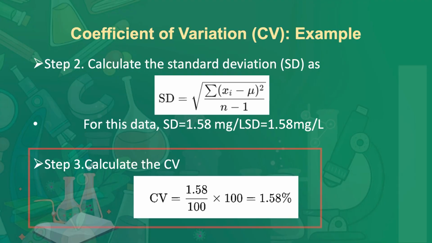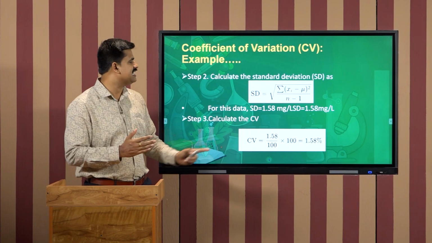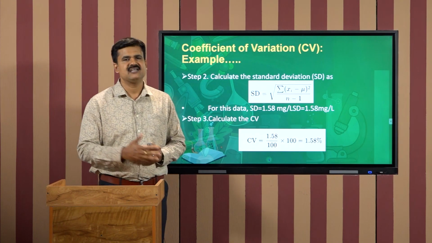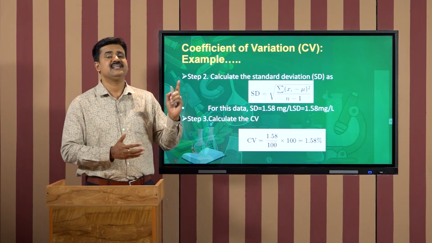Now, in the third step, we can calculate the coefficient of variation. Coefficient of variation is simply RSD percentage. So, first of all, we have to get the RSD value. In order to get the RSD value, you have to divide the standard deviation by x bar. That is, the standard deviation is 1.58 and the mean, previously calculated, is equal to 100.